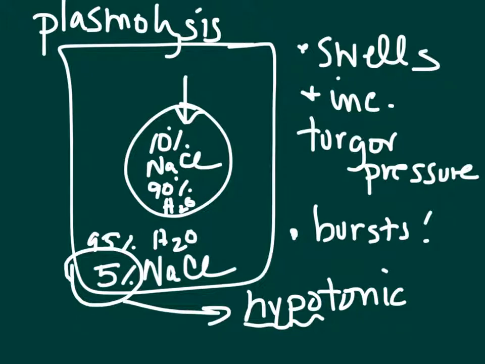And that just means less concentrated. Remember though, it's not the concentration of water that we label isotonic, hypertonic, hypotonic. It's the concentration of whatever is dissolved in the water. We determine net movement based on the water, but the hypertonic, hypotonic, isotonic is based on solute.